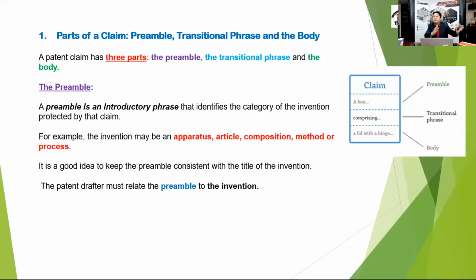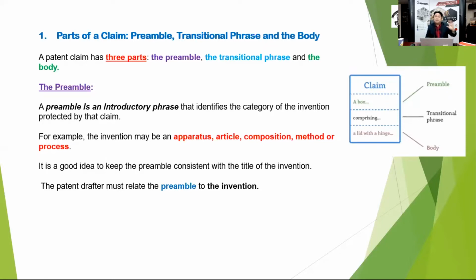Basically, it tells what you are talking about. So you can start off with something like an apparatus for cooking rice, or maybe a method for something else. You can use the word apparatus, usually for structural things like machines, articles, and compositions for chemical; method if you're using it for technology, software, or algorithms; and process, even for chemical formulae.